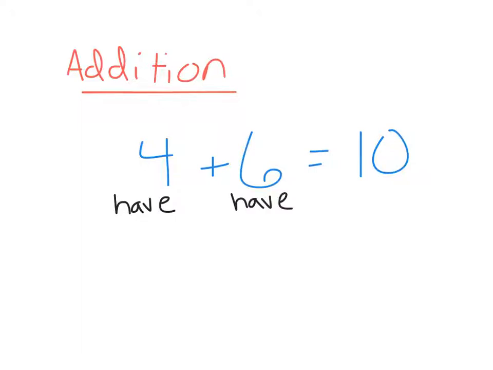So if I have $4, say, in one pocket, and I have $6 in maybe another pocket, then that means I have a total, and that's what we're doing, finding the total by adding that together. I have a total of $10. Okay, so that's pretty easy. We know that basic math question, that 4 plus 6 is 10.